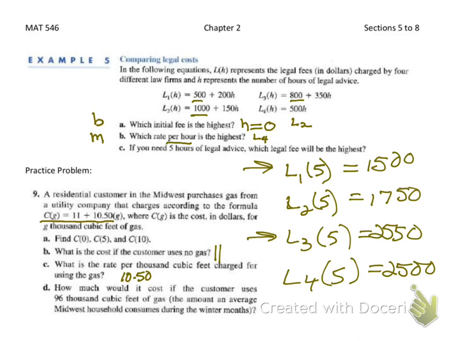So what they're asking you is to plug in 96,000 cubic feet. Okay, so that means just plug in 96 and figure out what the cost is. So you should be able to do that given the information in this problem.